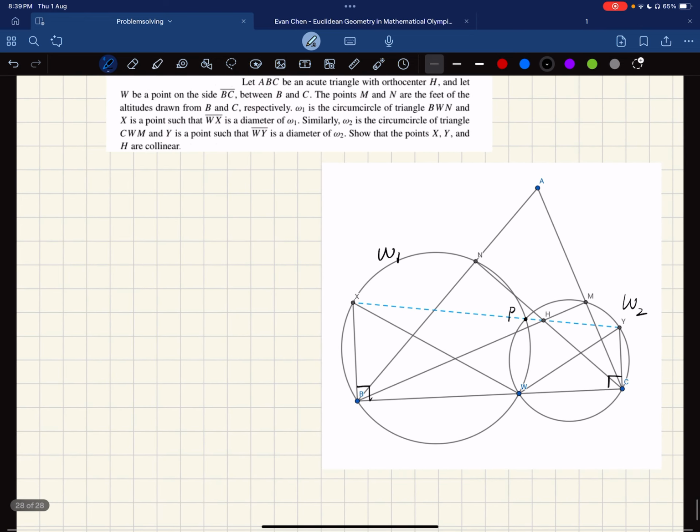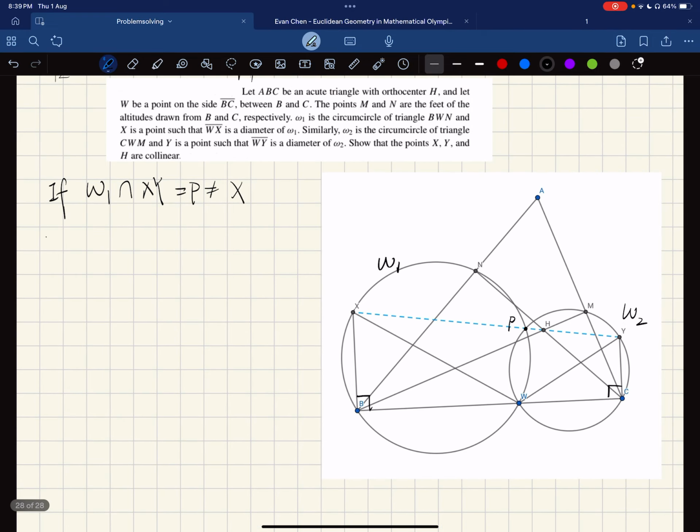For example, if omega 1 and XY meet at P, not different to X, then we will have the angle XPW equals 180 degrees minus the angle XBW, which equals 90 degrees, right?